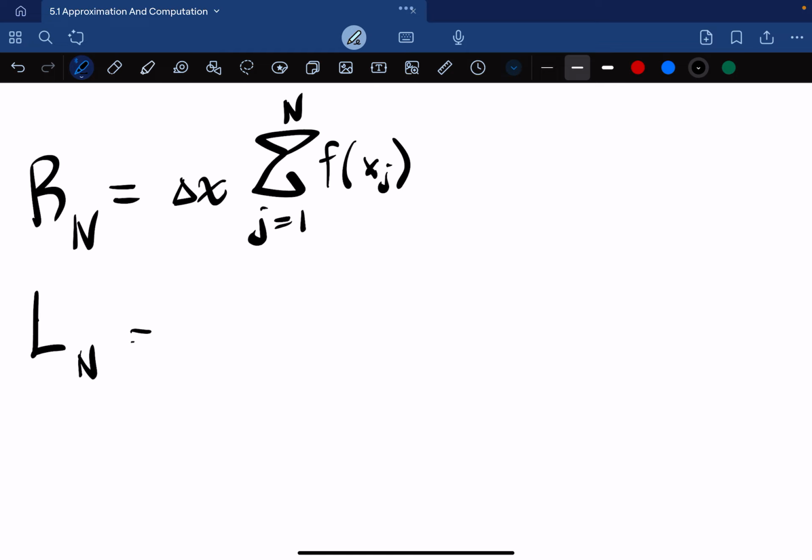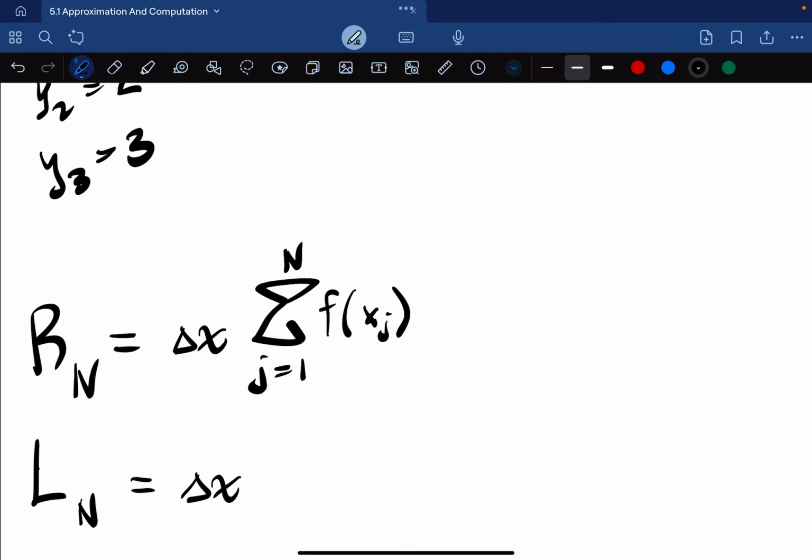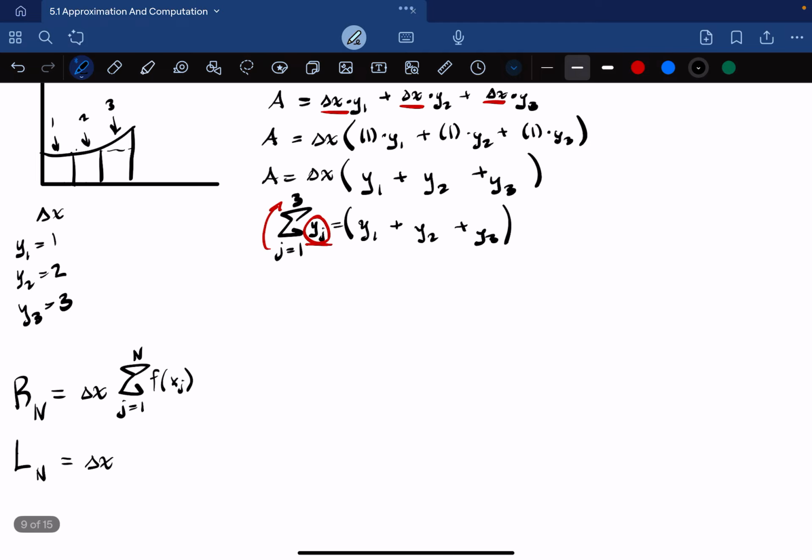Now, Ln is going to be slightly different. The delta x is the same, because remember, this originally comes from this. The reason this delta x is out here is that it's the same value, so we can pull it out of every one of the area terms for the rectangles.